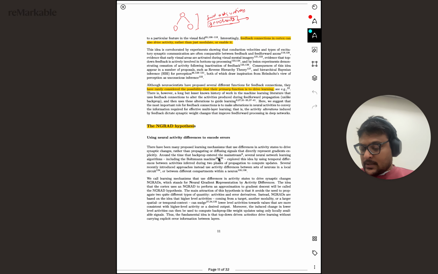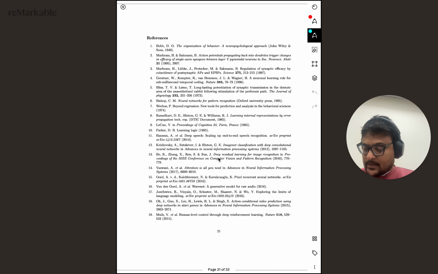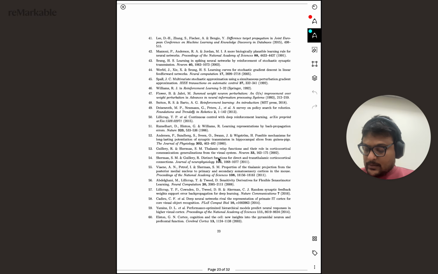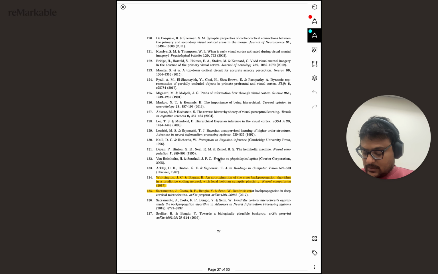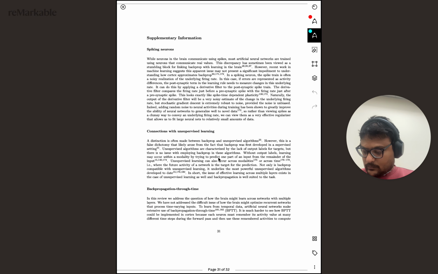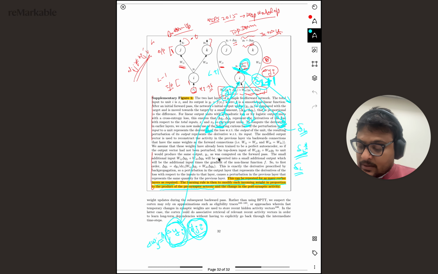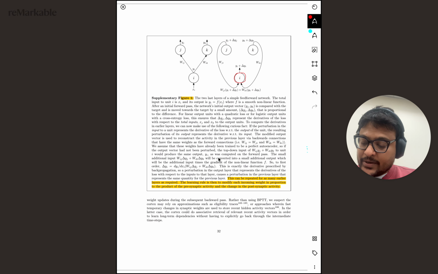Okay, so in this case the idea is pretty simple. Let's say you are looking at this figure, and you are looking at this second layer neuron, after you have funneled your activity back in.